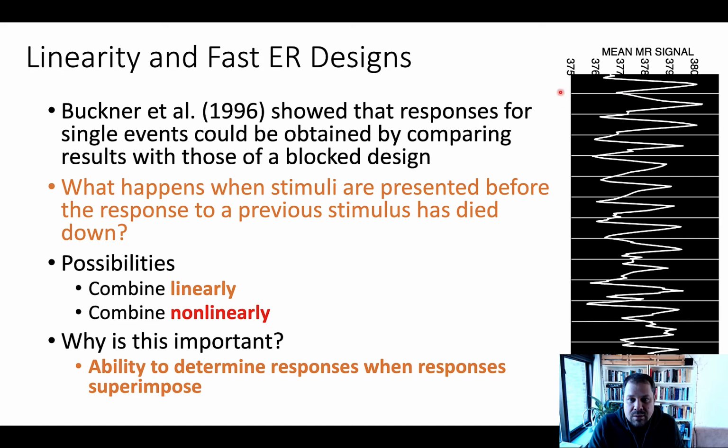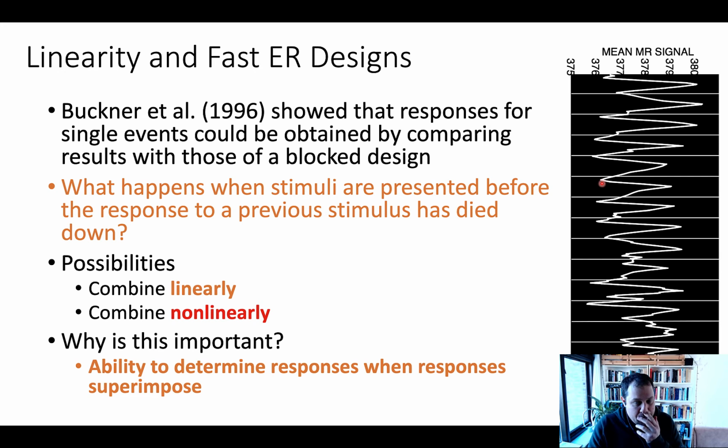The stimuli are indicated by these white lines here. And you can see that the response returns back to baseline before a new stimulus is presented, at least in most cases, such as here. So we go back to baseline, then we present a new stimulus, and we can see that there's a new hemodynamic response that returns back to baseline.